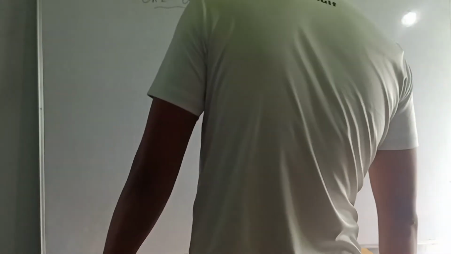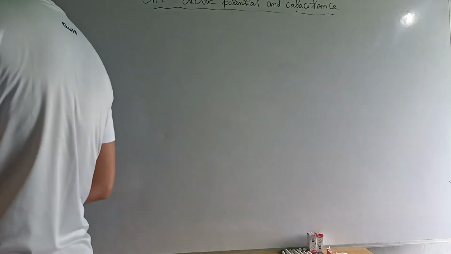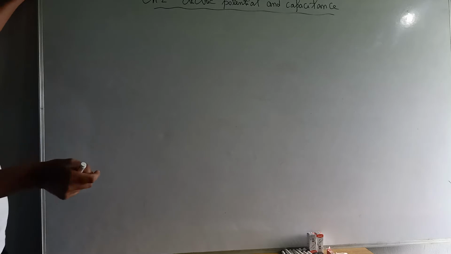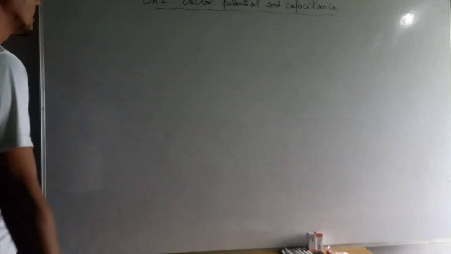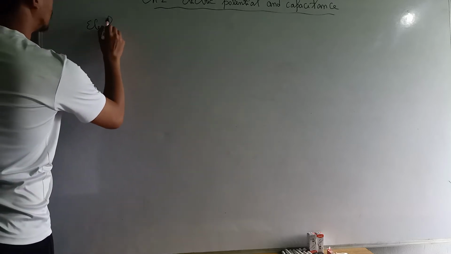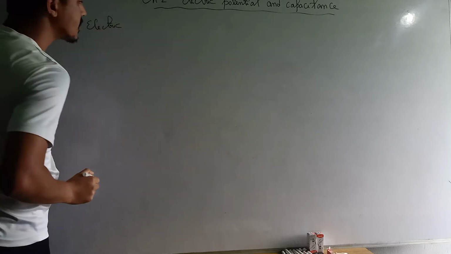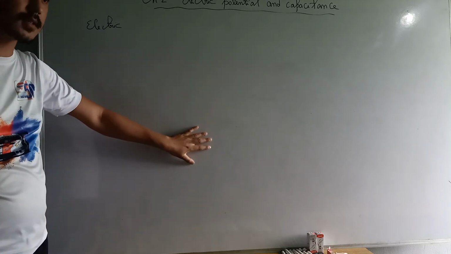So the next one is, let's find out the expression for the electric potential at a point. Since we have defined it, let's express it. If it is too much for you, I can just pause so that you can write those things down.